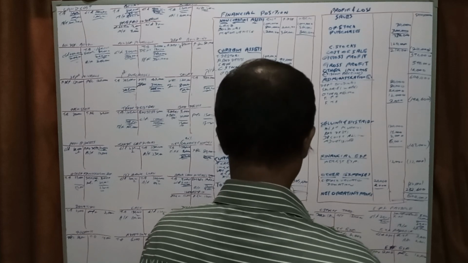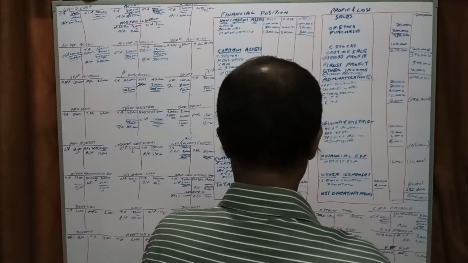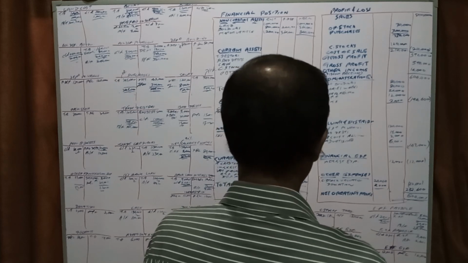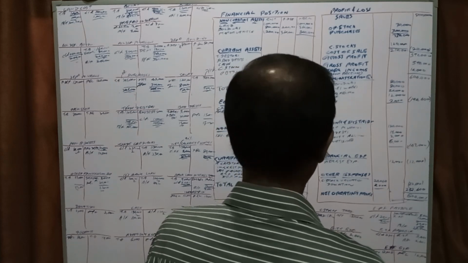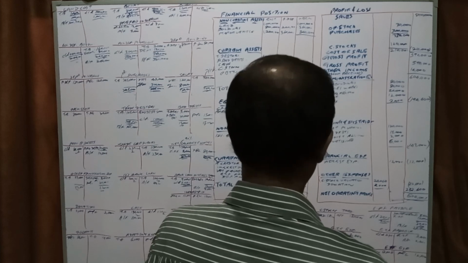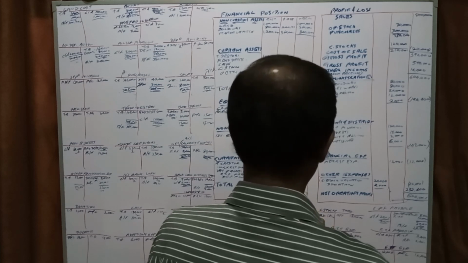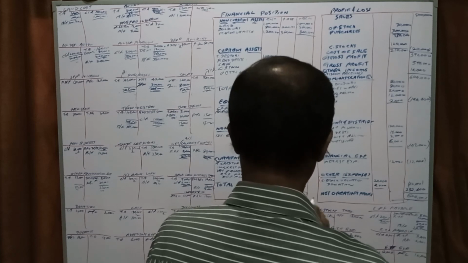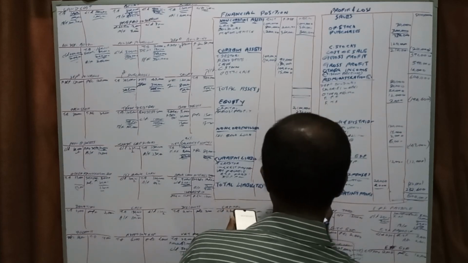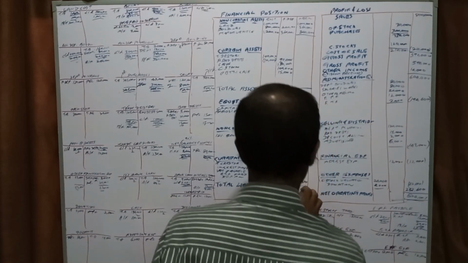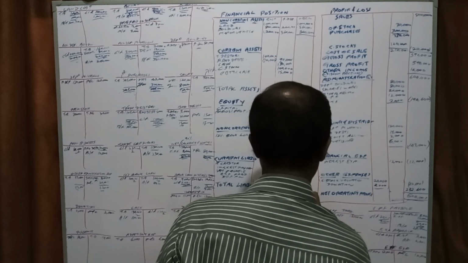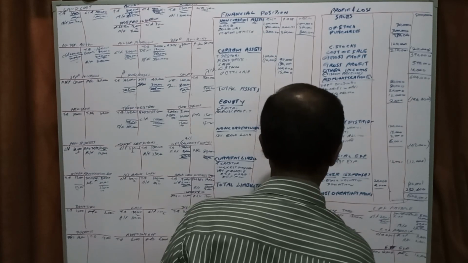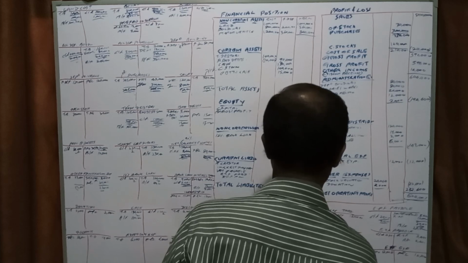Then plus 100,000 plus 2,332,600, right? Then we get 2,738,000, right?